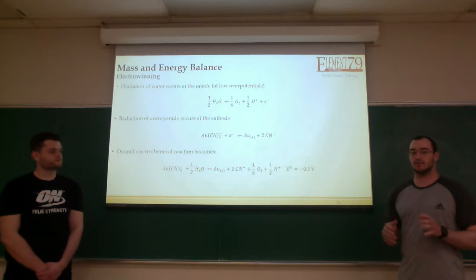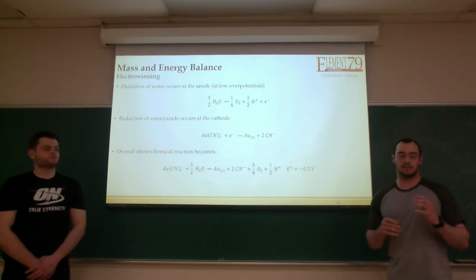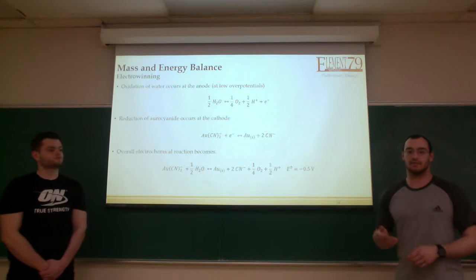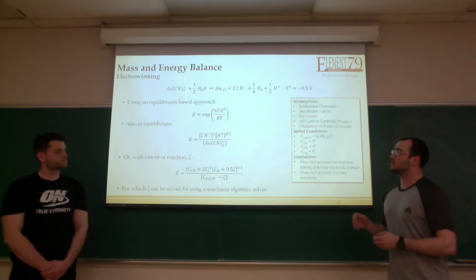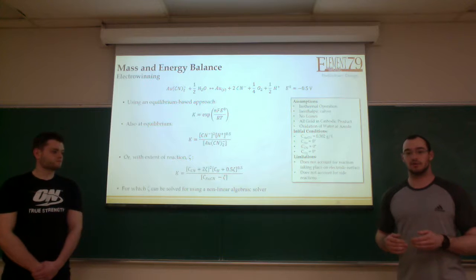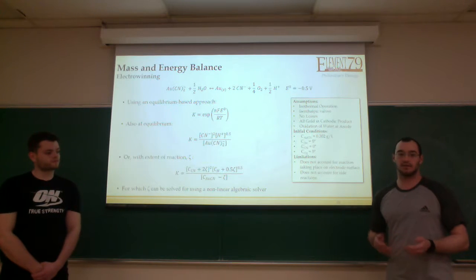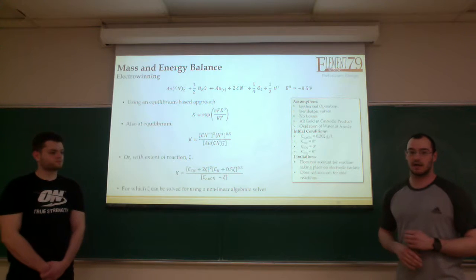This will give you the values of the solid product as well as any of the wastewater that is produced. If we go to the next slide, we can see that using the equilibrium relationship as well as some stoichiometry, we can find the extent of reaction and then determine how much gold is actually being produced from this stage.